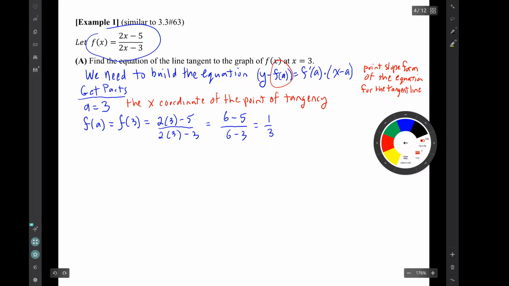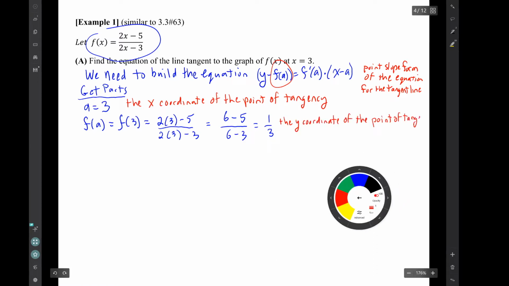It's the y-coordinate of the point of tangency. Now the next part that we need to find is f prime of a. That means that we have to find f prime of x and then substitute in x equals a. So in other words, the next thing we need to do is find the derivative, f prime of x.